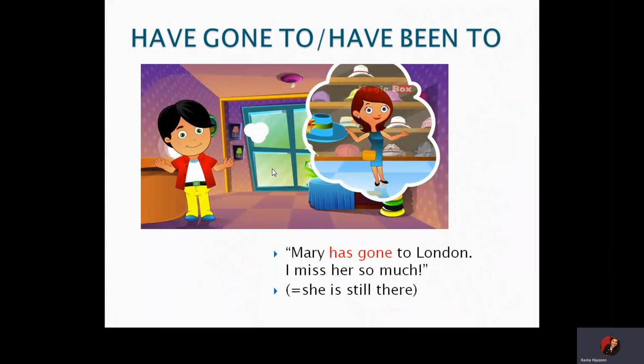So the verb has gone or have gone gives the idea that the person went and is still there. For example, Mary has gone to London. The question is, did she come back home? No, she didn't. She's still there.